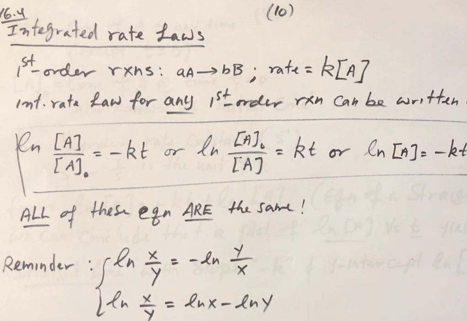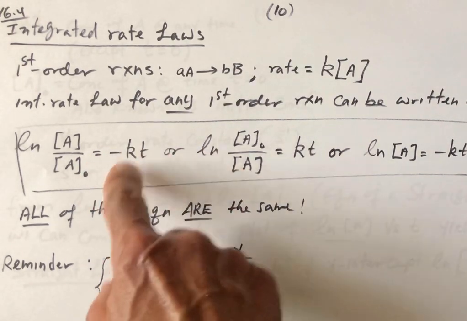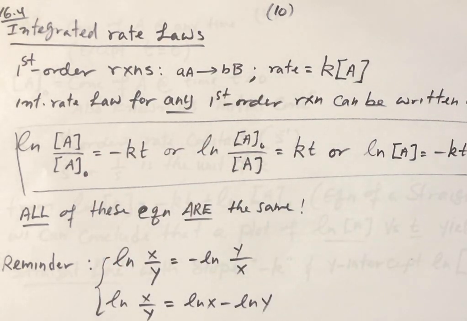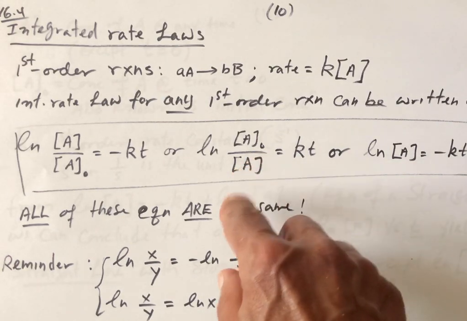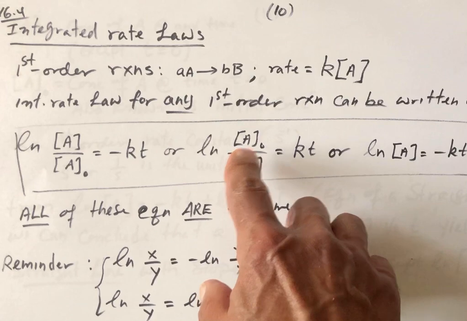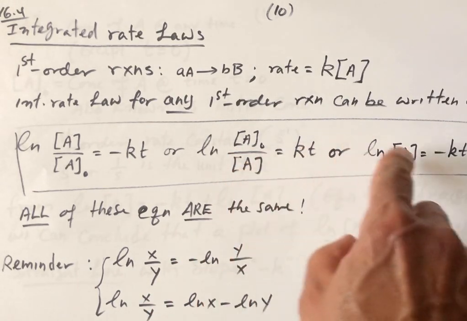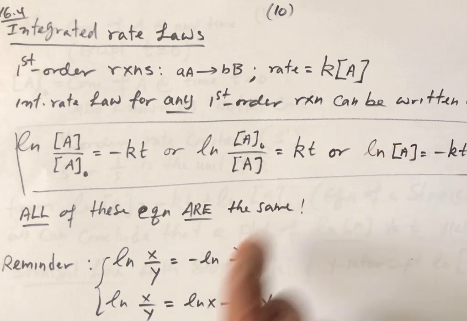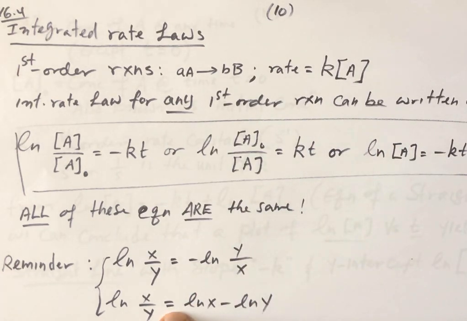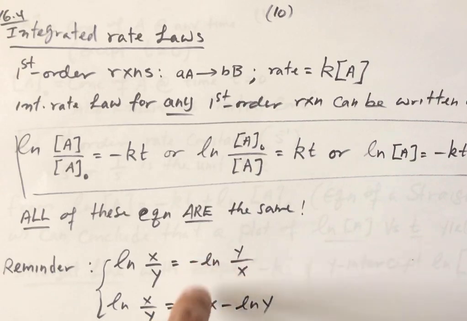I've also used this basic rule of natural logarithms, that the natural logarithm of a ratio is the negative of the natural log of the inverse of that ratio. In other words, if I flip this ratio, I have to introduce a negative sign and vice versa, which is what I've used here. And for the expansion of the natural log of a ratio, if you want to go from this equation to that equation, you have to use this basic rule of natural logs. These are basically from algebra.